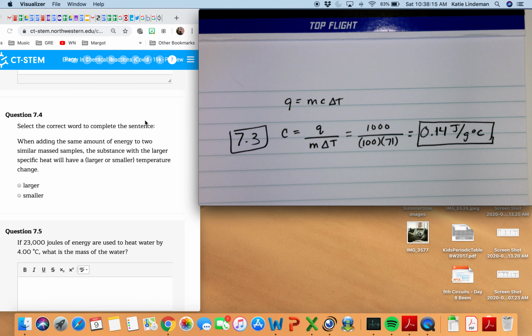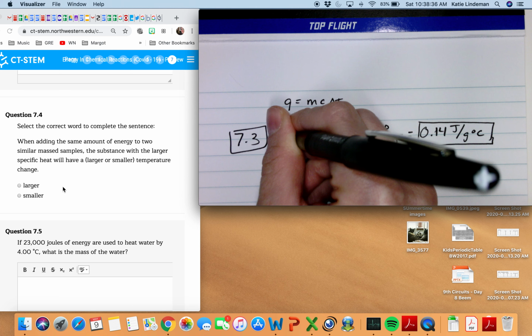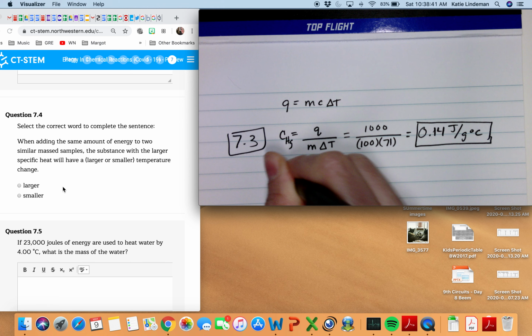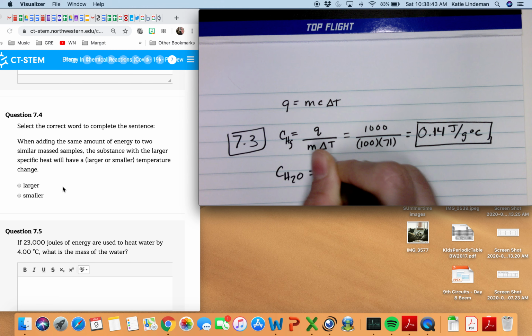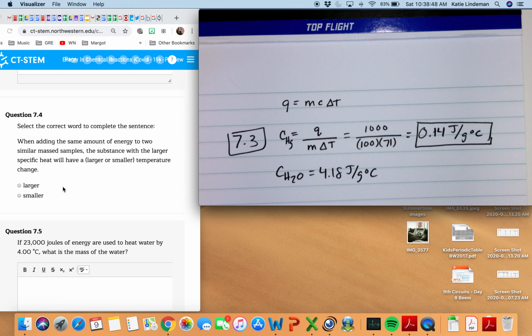So 7.4 is asking for a comparison. When adding the same amount of energy to two similar massed samples, the substance with the larger specific heat will have a blank temperature change. So this is C for Hg, and C for H2O was the 4.18 joules per gram degrees Celsius.